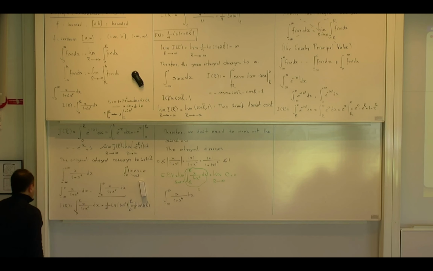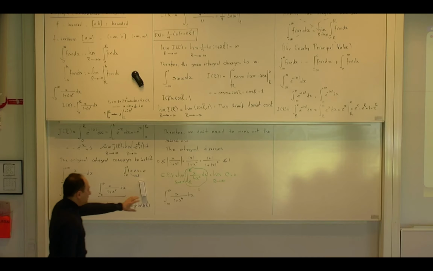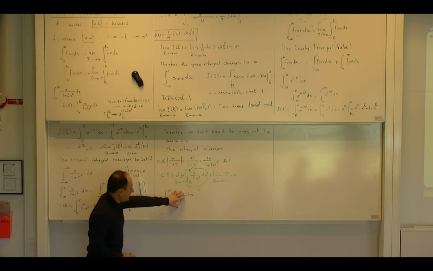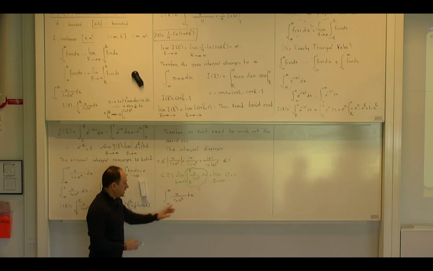The only difference is that instead of x squared, I have written x to the power of 4. Again, what type of function are you facing? It was an odd function here, but you realize that the answer to this was that the integral diverges. Here, you also have an odd function, do you agree? Because if I replace x with minus x, the denominator does not change, but the numerator picks a minus sign.